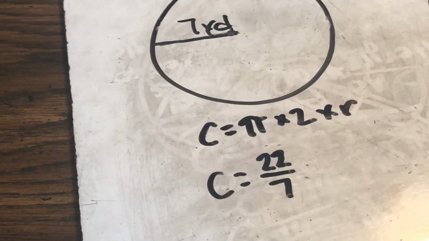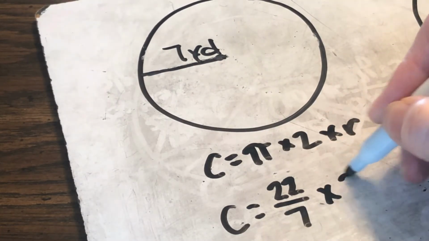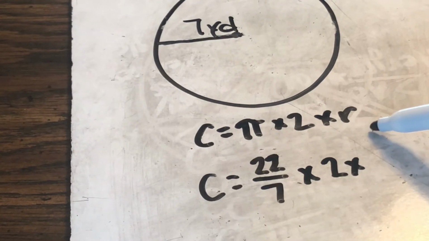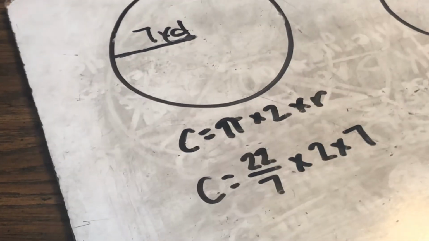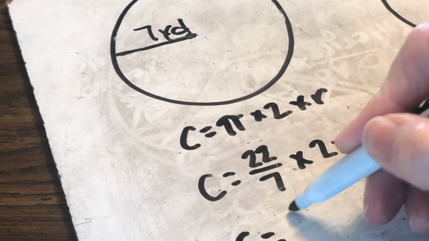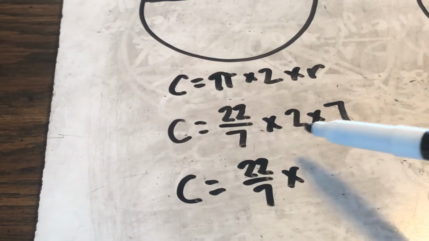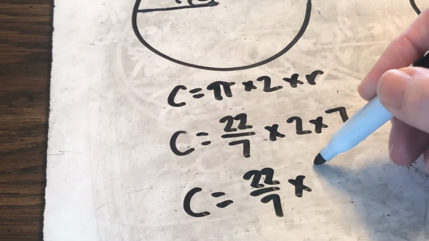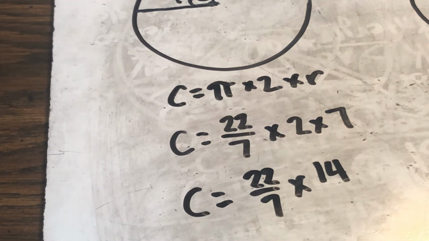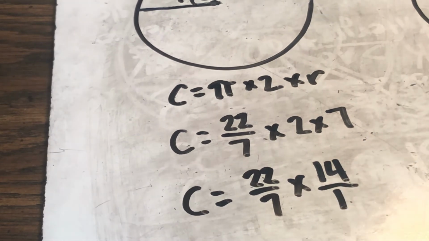The good news is, guys, that every one of them on your homework, you're going to be able to cross-reduce. Then I have times 2 times r, which is 7. That's all I did, fill in the numbers. C equals 22/7 times, what do I have here? I have 7 times 2, which is 14. But I know when I multiply fractions, I need to have my whole number over 1.